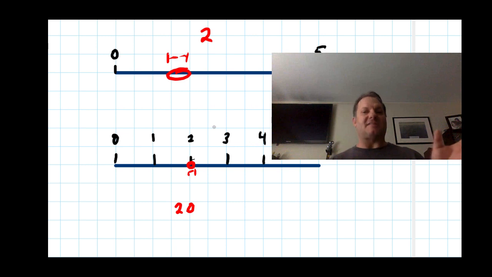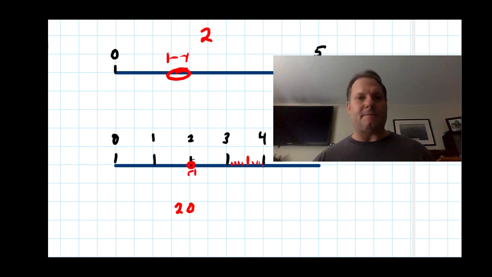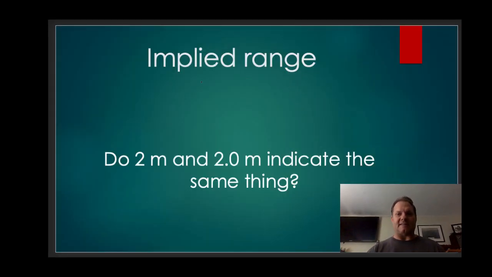And obviously, if this scale can pull it off, then we can get to 2.00 if it were actually graduated in between here to allow us to identify that. That scale wasn't, but it would be possible. All right, so back to this guy. Do 2 meters and 2.0 meters indicate the same thing? Not really. No, one has a much smaller range of error than the other one.